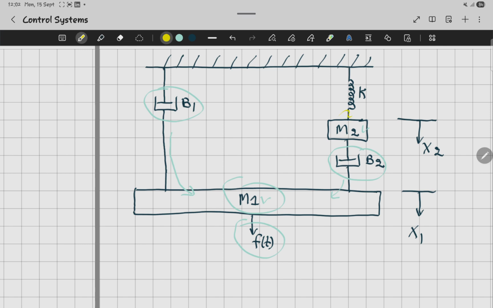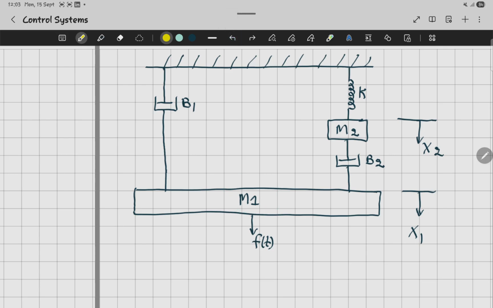And the second equation is going to be this mass plus the sum of these two components, because they are the ones connected to that mass. So I'm going to separate them so you can see what I'm trying to say.